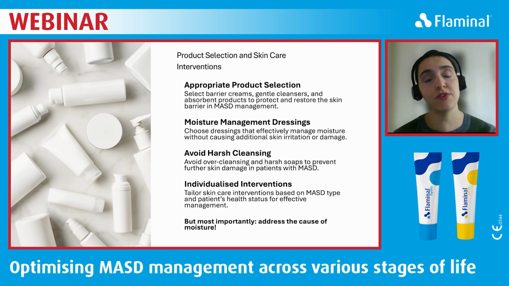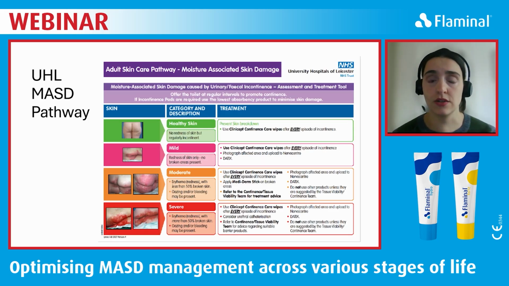So the following slide provides guidance on the evidence-based product selection and practical tips for implementing skincare regimens in clinical settings. So here you'll be able to see this is another document, another pathway we use at UHL, which guides the staff and supports them in knowing what product to be used.